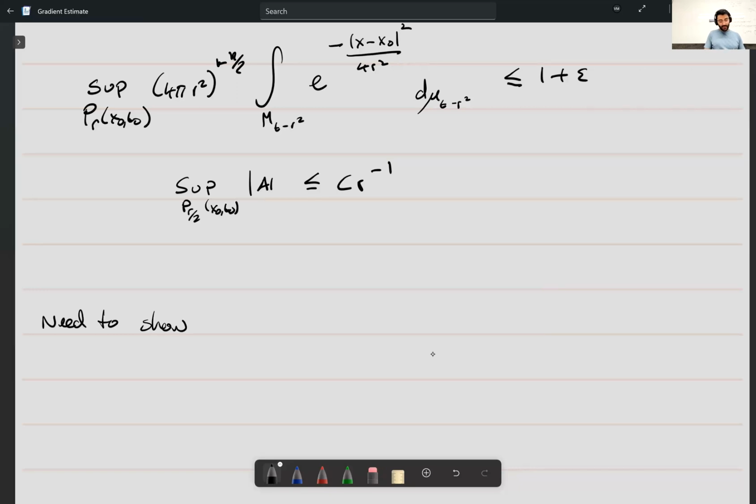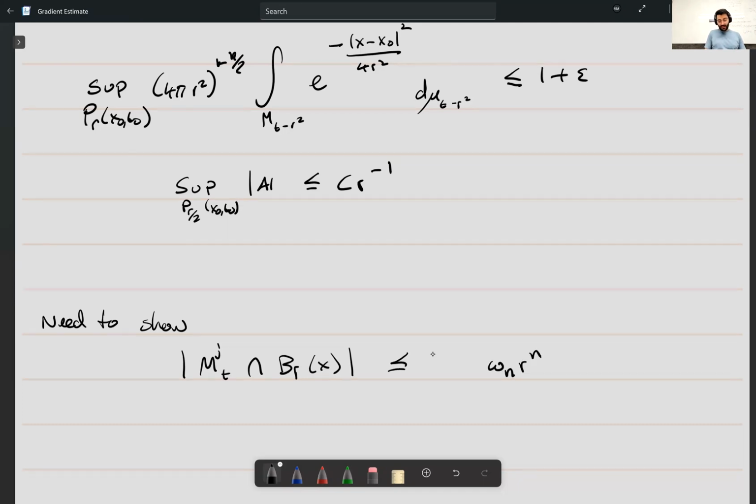So what do I need to show? That M_J^T intersect B_R(X)... If it was a static hyperplane, then I could make J very large, and this would just be the area of the n-ball, omega_n r^n.